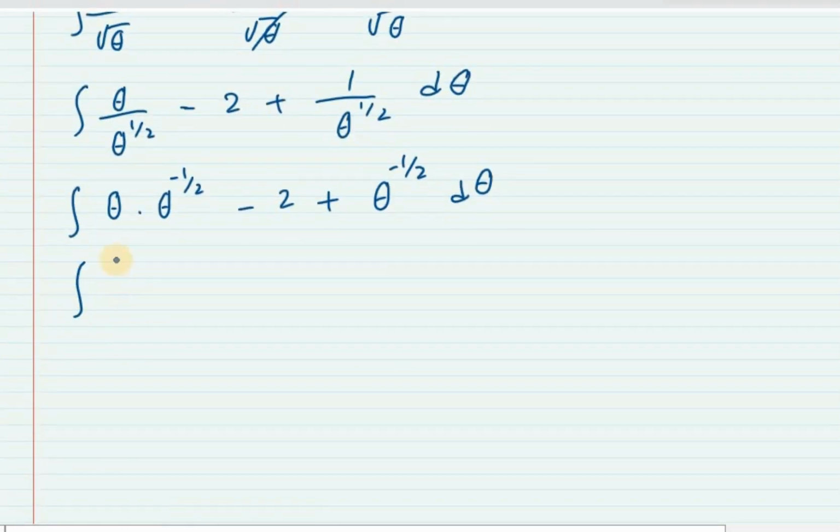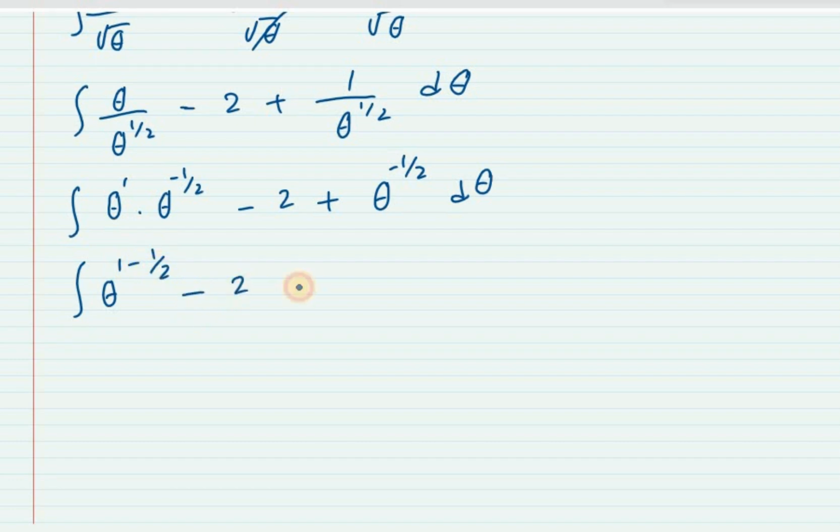Now as we see, theta and theta both are multiplying with each other, the bases are same. We can just write once and add the power of both, minus 2 theta power minus 1 by 2 d theta.